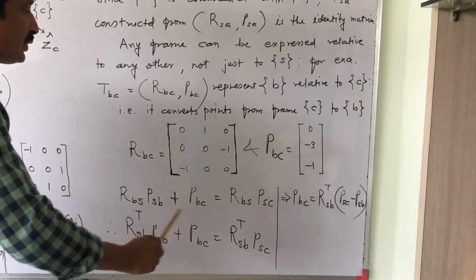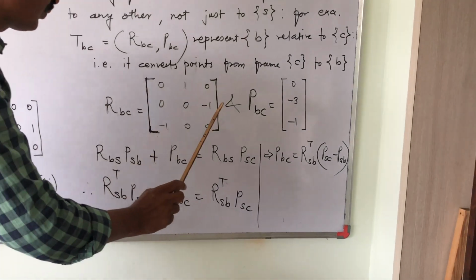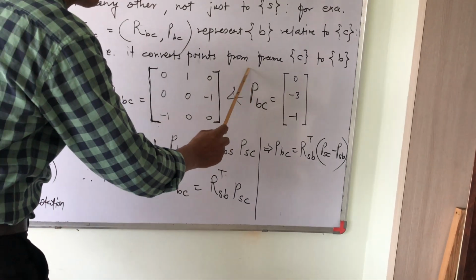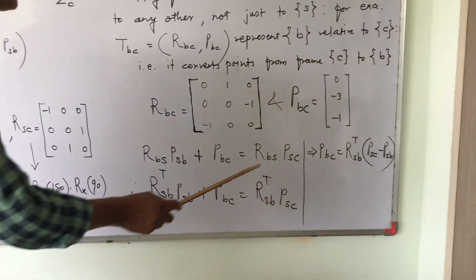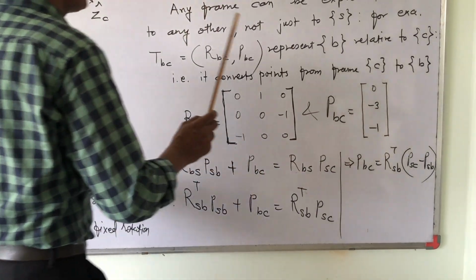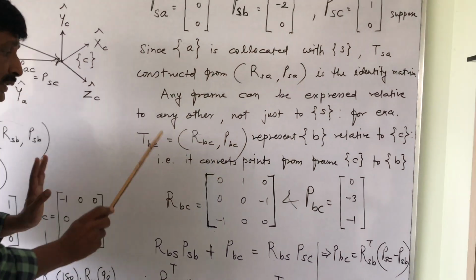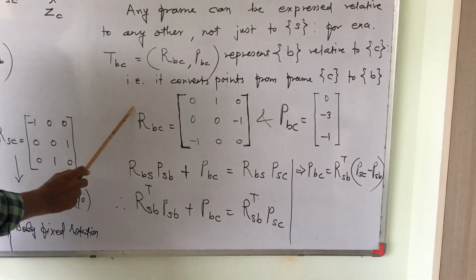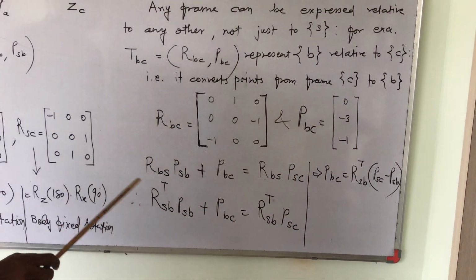How can we achieve this? We will discuss at the end of the video. Here PBC is given as 0, minus 3, minus 1. But how can we achieve this? Using your data RSB, RSC, PSB, PSC, we can obtain RBC and PBC. So we will derive it at the end of the lecture.